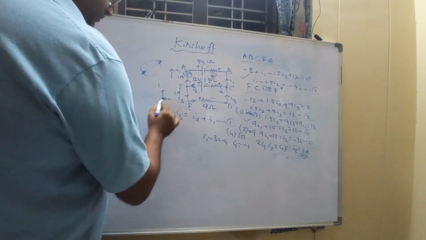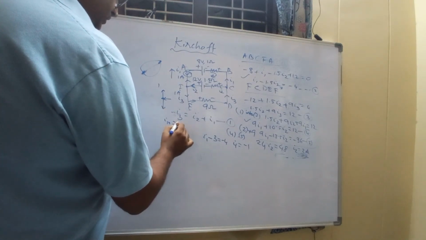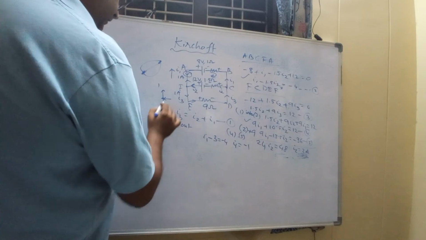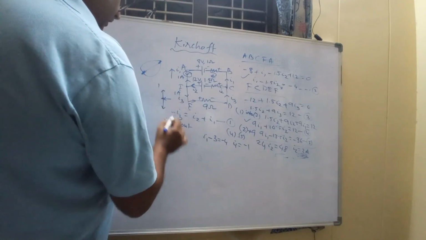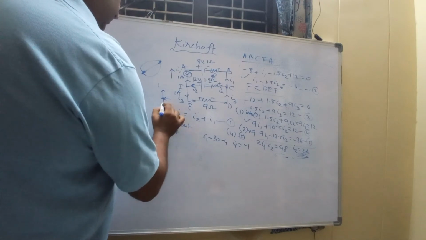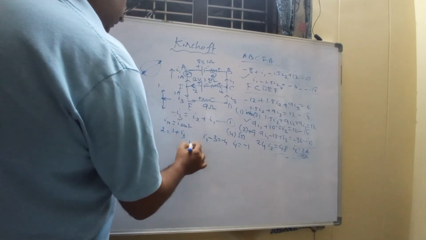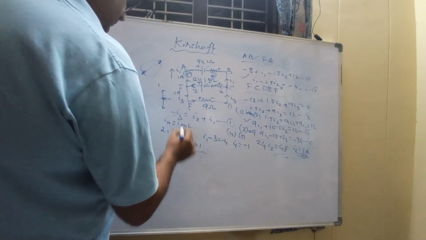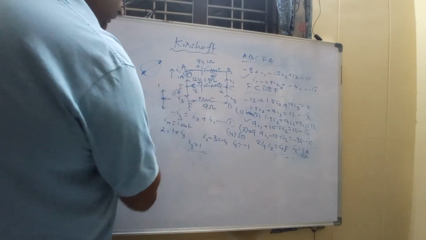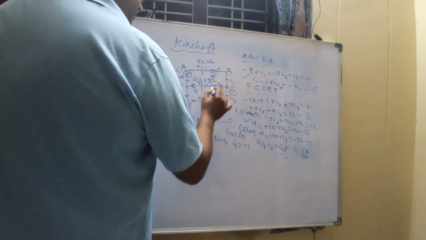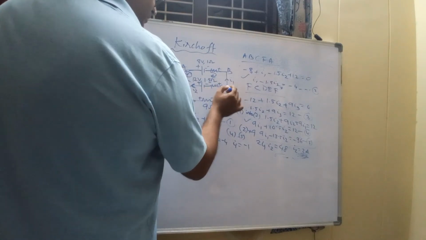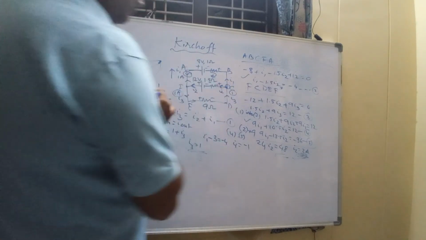So we have current in is equal to current out, right? So what is the current in? Current in is 2. Current out is 1 plus this I3. So I3 will be equal to 1 amps. So here 1 amps is coming, and then it is not getting satisfied here.